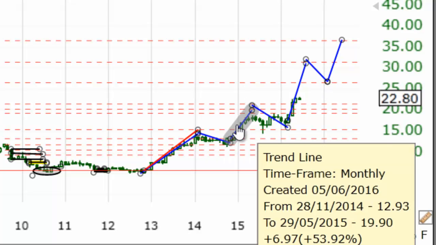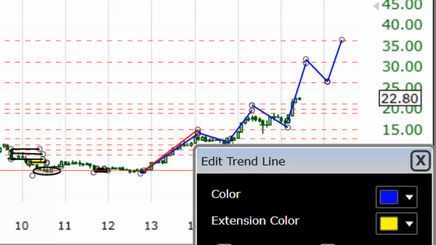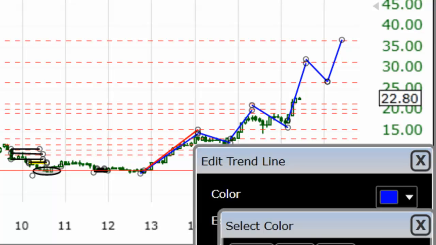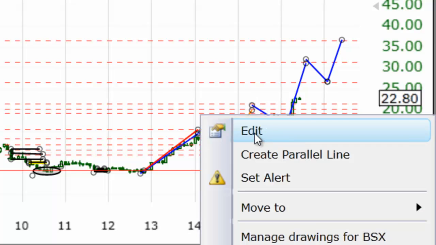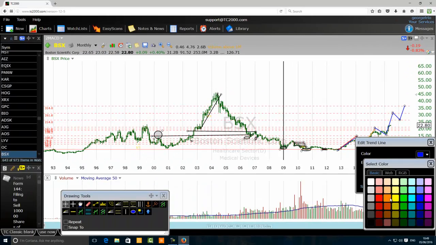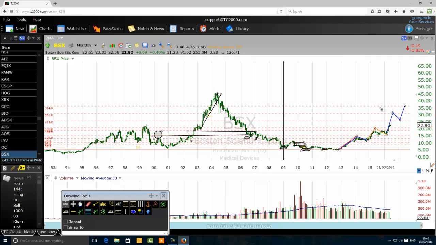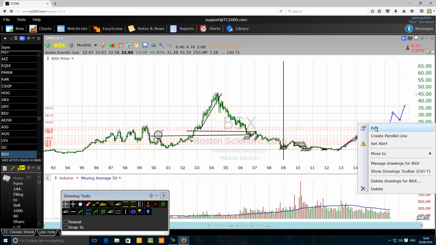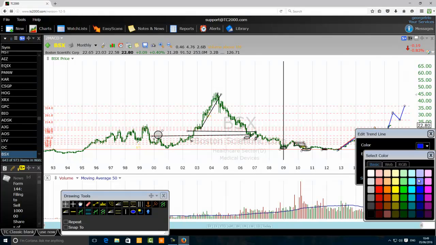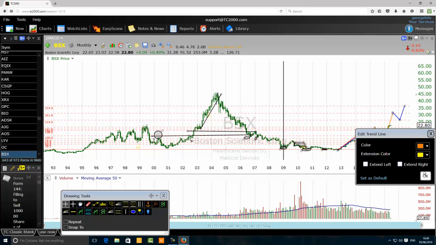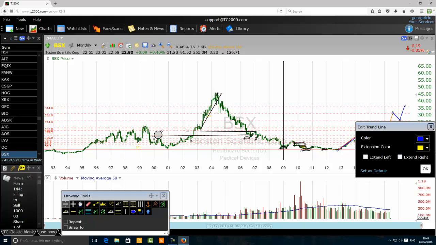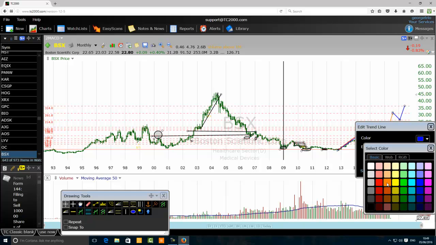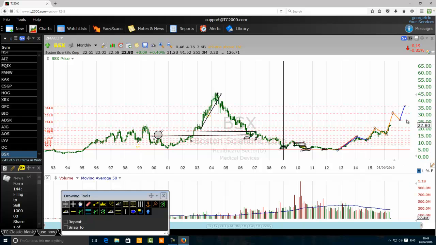So let me clarify this. Let's change the color of this. I'm going to use orange so everybody can see it on the chart, because sometimes I use yellow and traders say, oh, George, I can't see it. I'm just changing the color of my complex third Elliott wave on my chart.